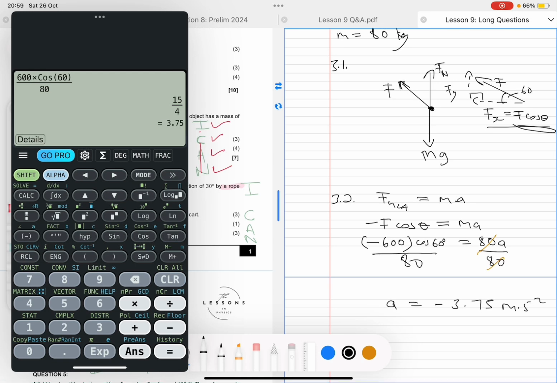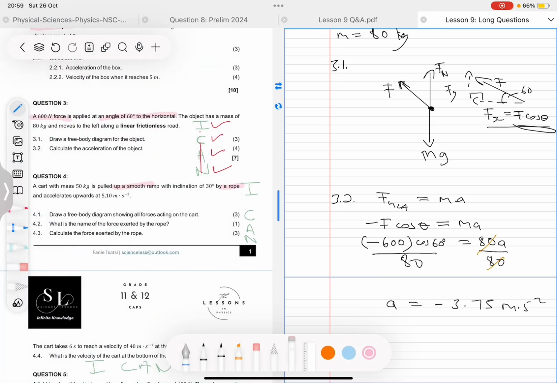Now, very important, don't forget this negative here, right? So this negative will tell us that the acceleration is actually going to the left, because it is negative to the left.